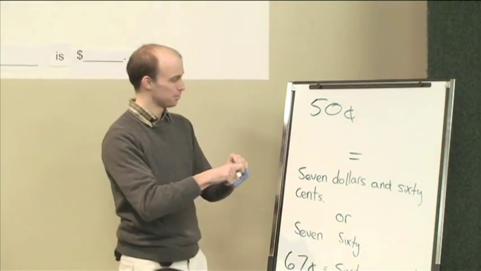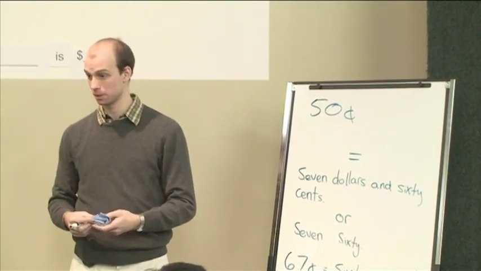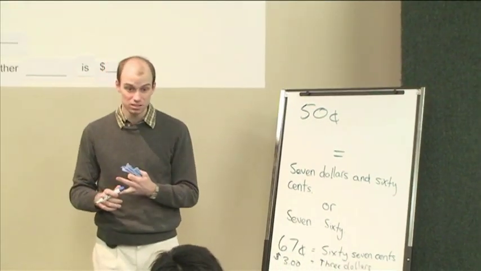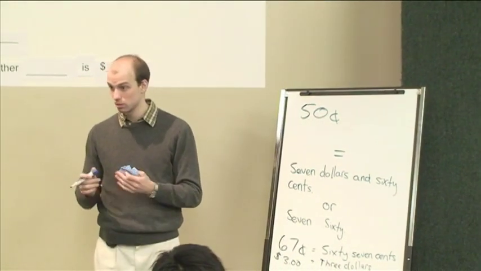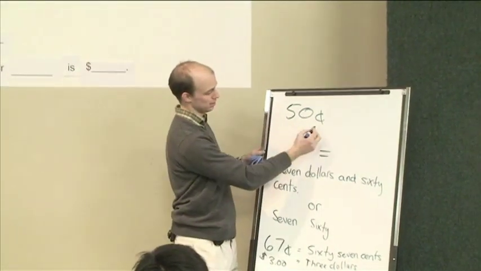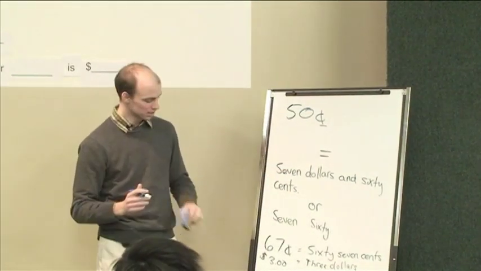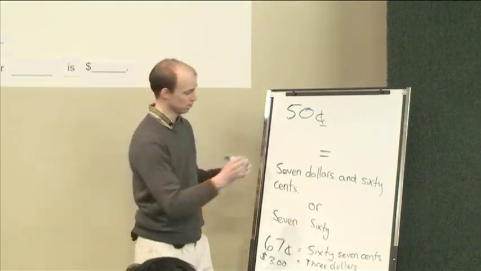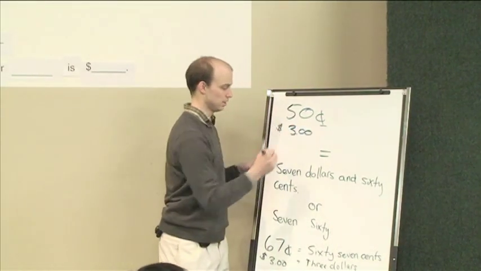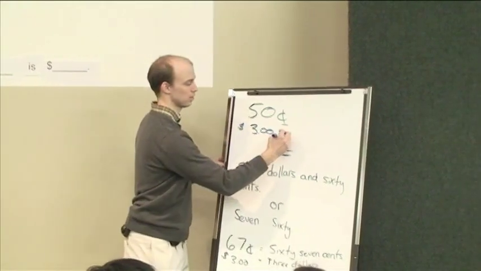Because if the cashier looks at you and says, that will be 50. 50 what? $50? 50 cents? 50 cows? What? Okay? So if it's a number like this, you always have to keep the cents on there. It's the same with dollars. If it's $3, even, there's no extra cents, you just say $3.